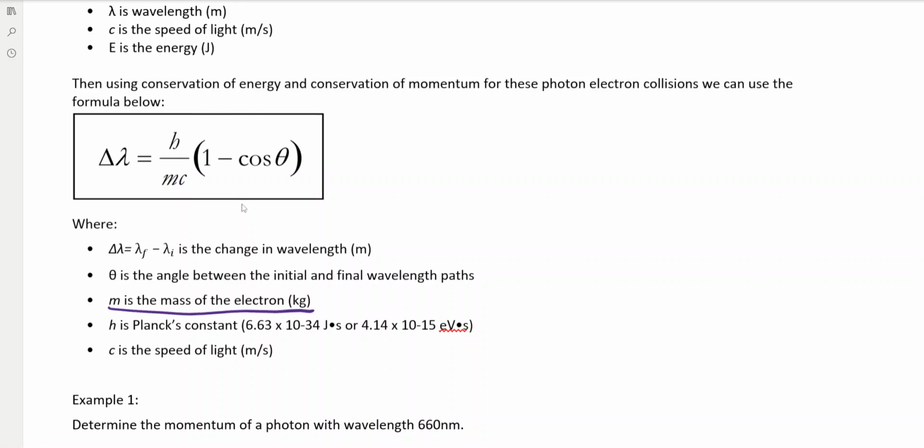Theta is the angle at which the photon is scattered, and delta lambda is the change in wavelength. So remember that delta always means final minus initial.